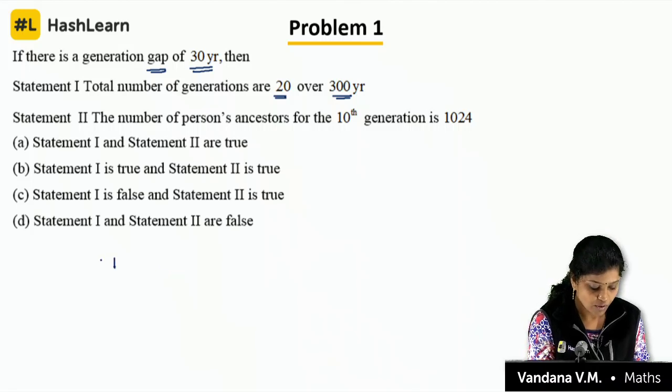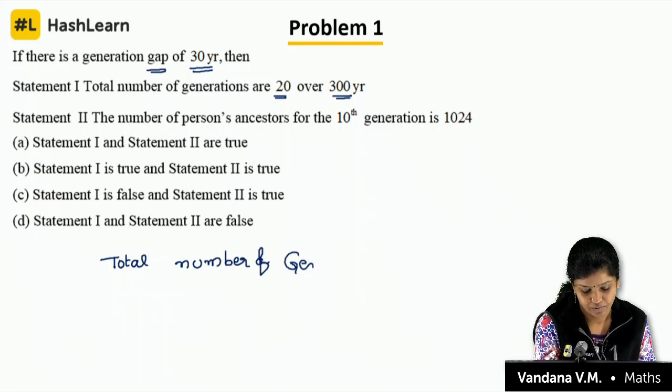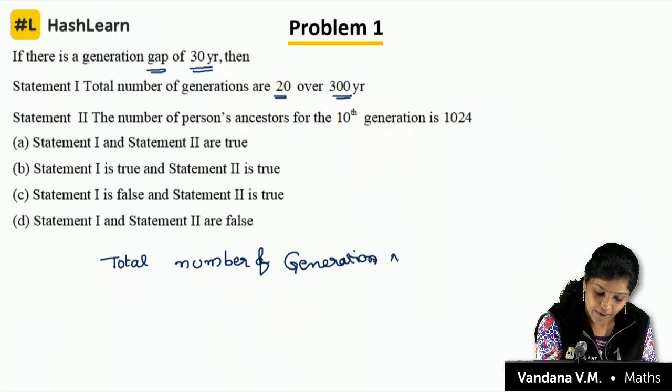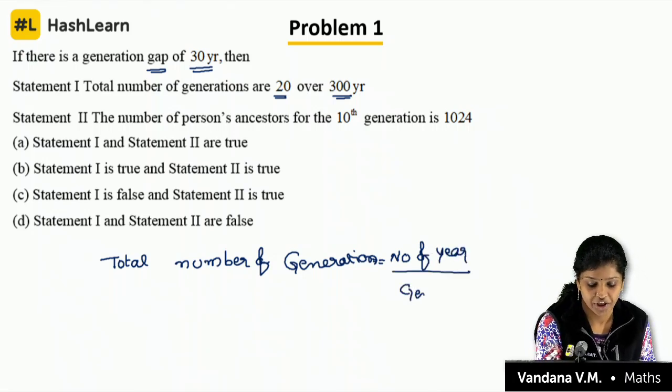Now, how to find the total number of generations? Total number of generations is number of years divided by generation gap.